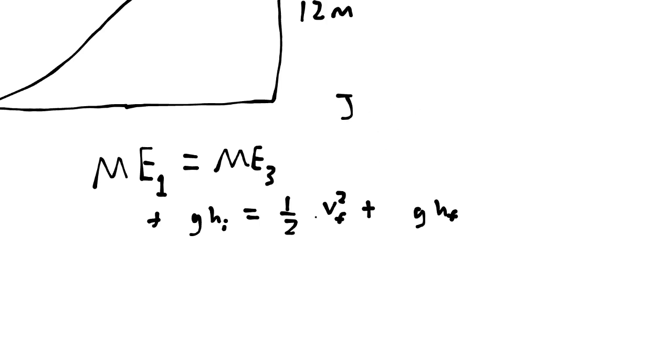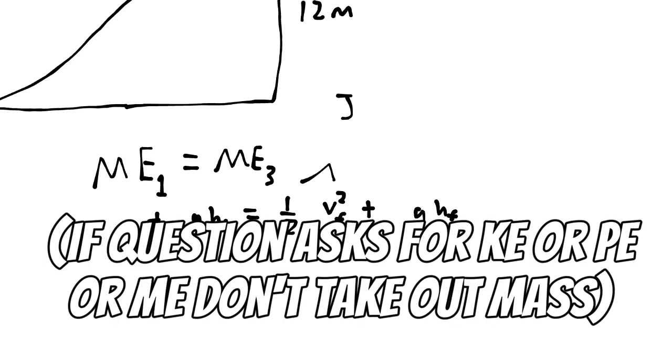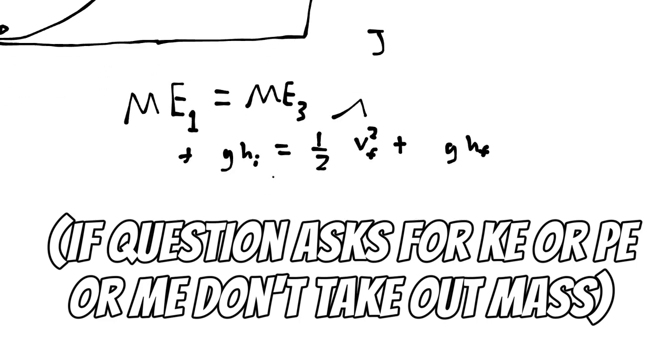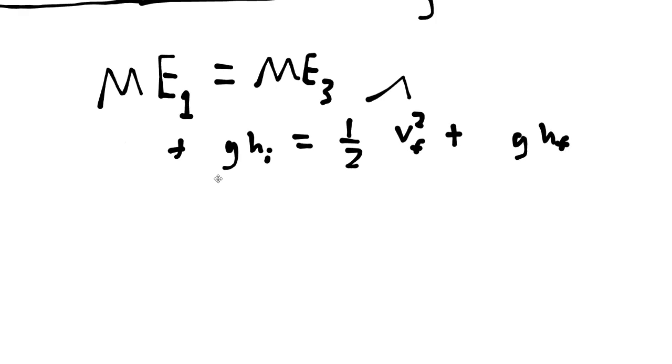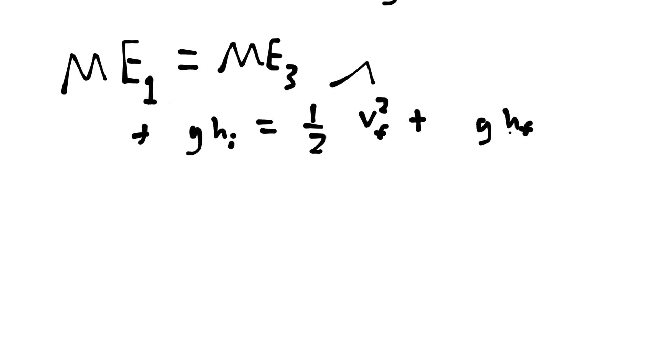Because you'll have to multiply this whole term by mass to get energy. But in this case, it doesn't matter because we can just divide mass out of everything and we're just finding VF. In the case where you were to find energy, you'd have to keep in the mass. So if you're dealing with energy, don't take out the mass. But in this case, it's just final velocity, so we don't have to do that.